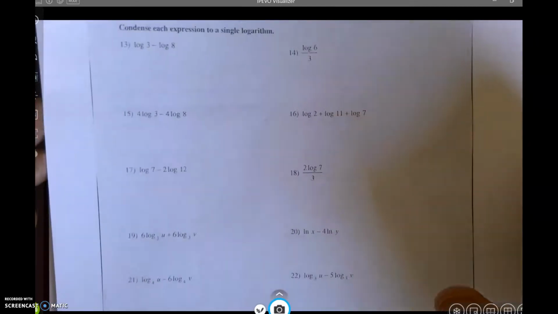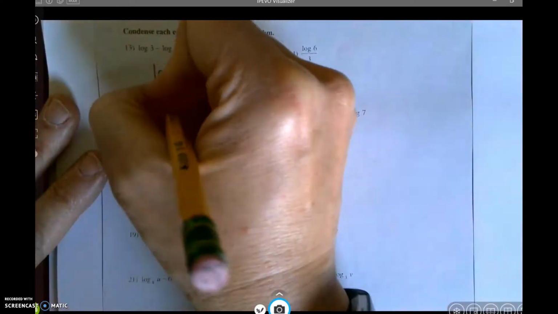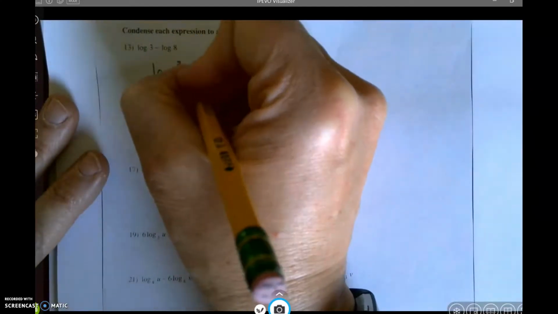Number 13. So for number 13, now they are expanded and we're going to condense them. Remember that subtraction means division, so log of 3/8. And that's all that we can do to that. Okay?